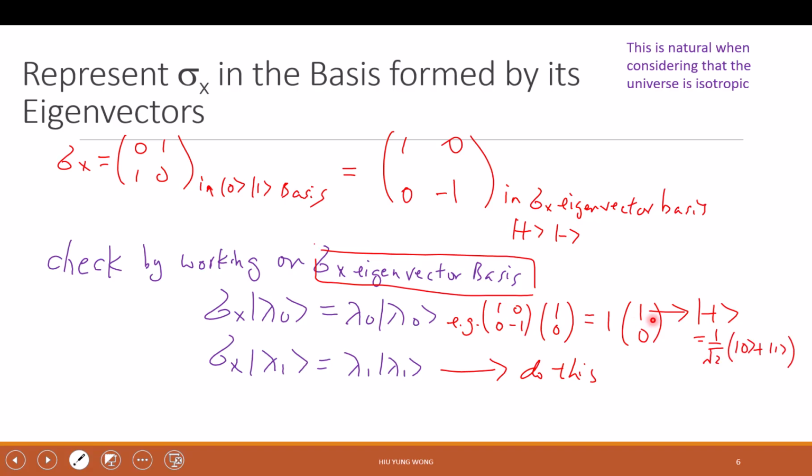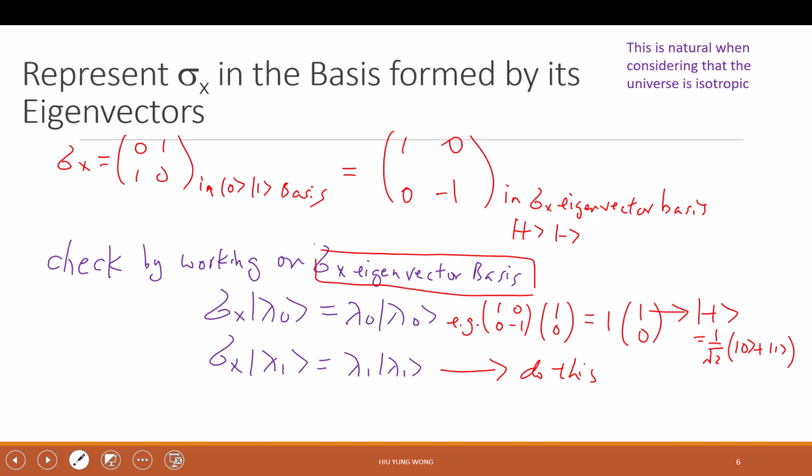Okay? It's still 1, 0. But it's 1 part of plus, right? Because it's the basis vector, the eigenvector of sigma x. Okay, any questions? A lot of math, we're getting more, but later it will be a little bit easier.